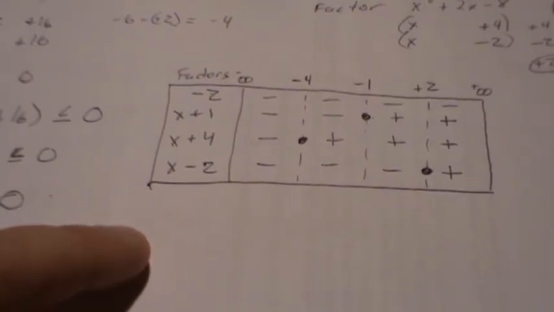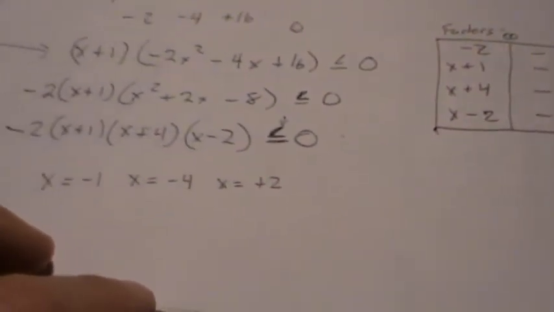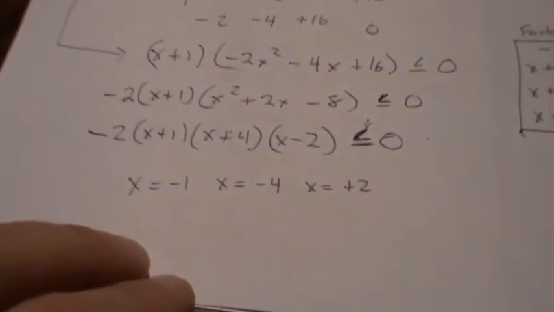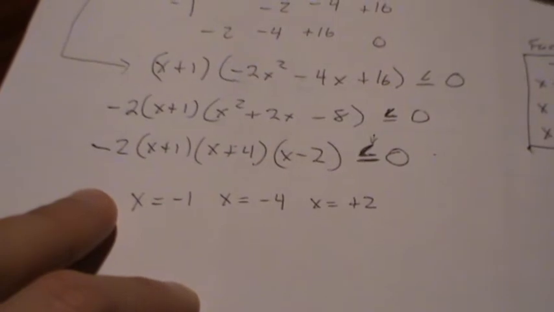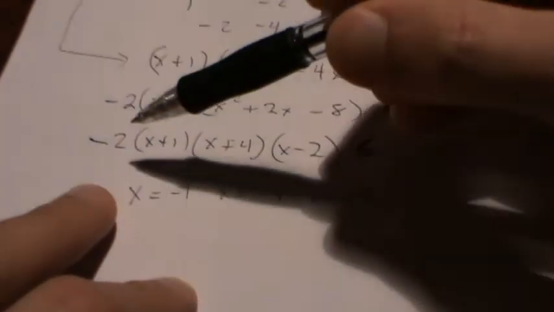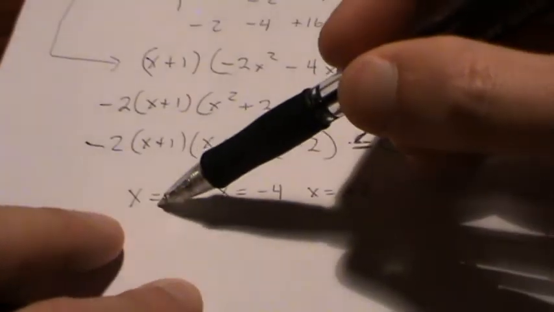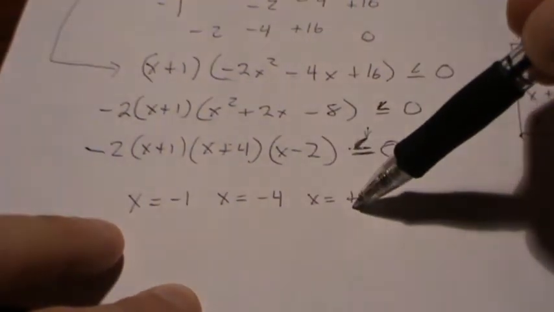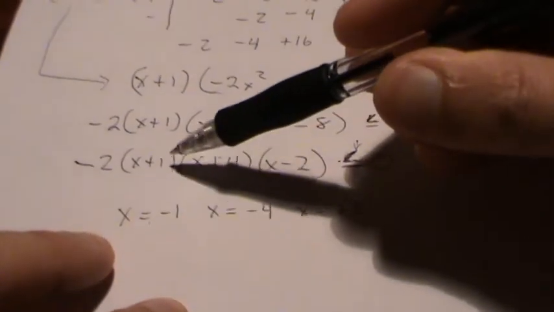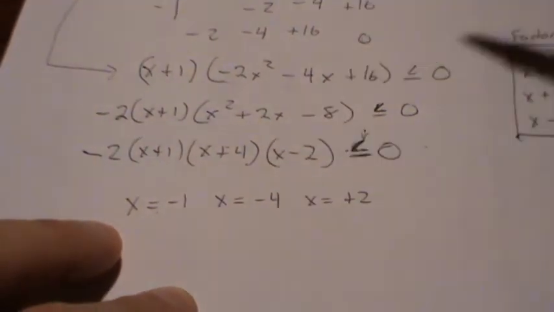Okay? So let me go back and repeat what we've done here. I've factored my polynomial, classic style. Then I've taken all my roots and I've written them down. I've also figured out the solutions here, or the corresponding numbers.